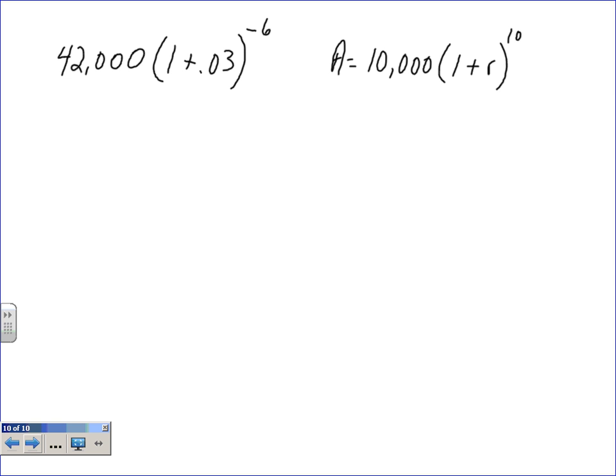Well, what would the amount be? 20,000, right? 20,000 equals 10,000 times 1 plus r raised to the 10th power. I want to find out what the effective yield is when you see this term.